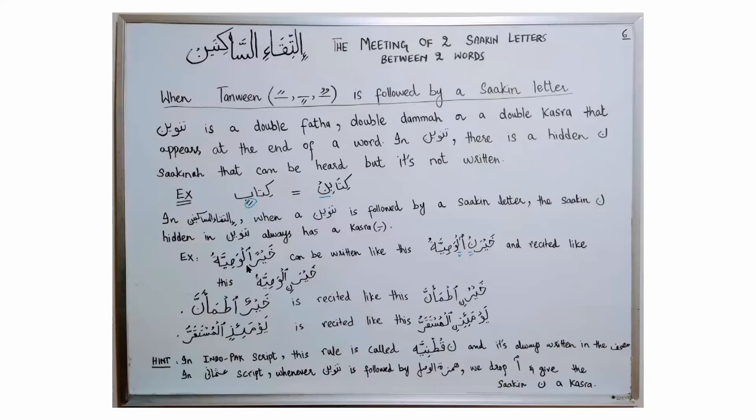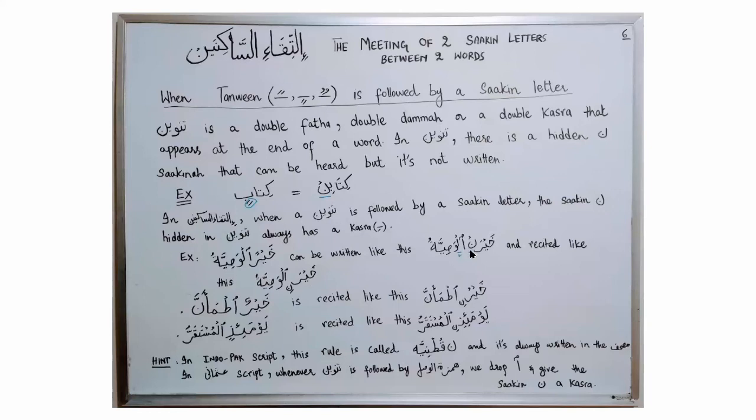So when this situation occurs, that tanween is followed by a sakin letter, you will give this noon, which is hidden in tanween, a kasra, and you will join this noon with the sakin letter, which is coming in the next word. If you see here, you will say khayra nil wasiyatu.